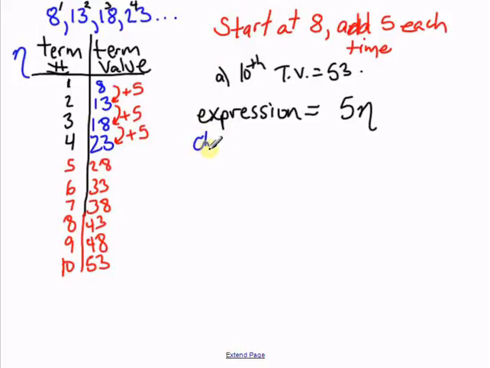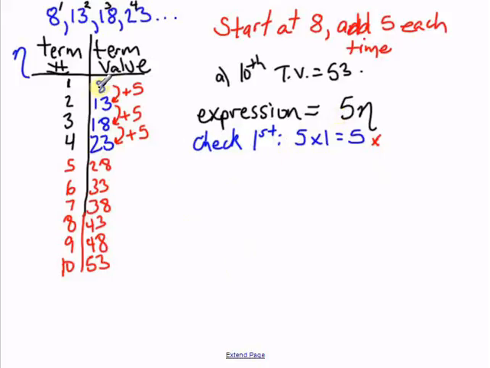To figure that out, we practice checking our first term. So my first term is an 8, so hopefully I'll calculate 8. And when I use this expression, n is the term number. So for the first one, I'm going to use n as 1. 5 times 1 gives me 5. Unfortunately, that is not the first term number.